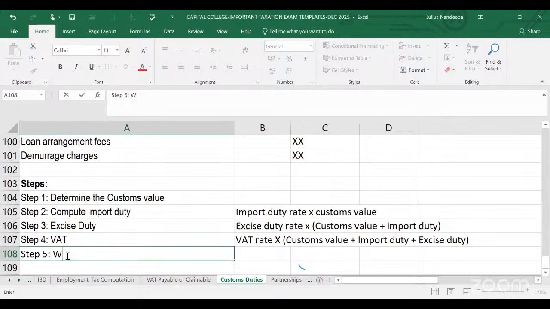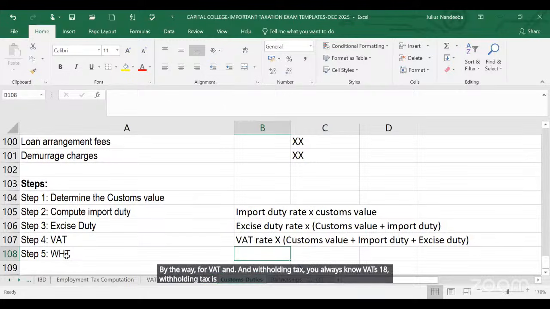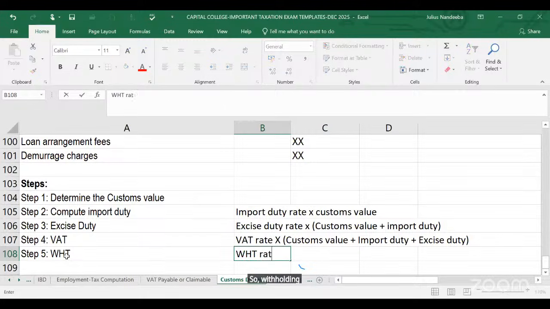Step number 5. Withholding tax. By the way, for VAT and withholding tax, you always know VAT is 18, withholding tax is 6%. So withholding tax rate, now this time you go back to customs value directly. The only confusing taxes are actually only VAT and excise duty.